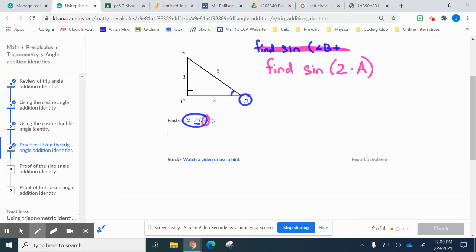So now we're looking for sine of 2 times something, right? And we have one of those. It says that the identity is this: sine 2x equals 2 sine x cosine x, where x is the angle, obviously.